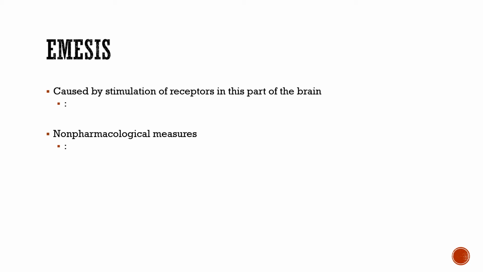Non-pharmacological measures. If we can, we limit stimulation, things that stimulate nausea and vomiting in people, and it's different. Different people have different things that cause nausea and vomiting. Certain smells, though, most of us, if we're smelling stool and vomit and things like that, that causes us to further want to puke, right?